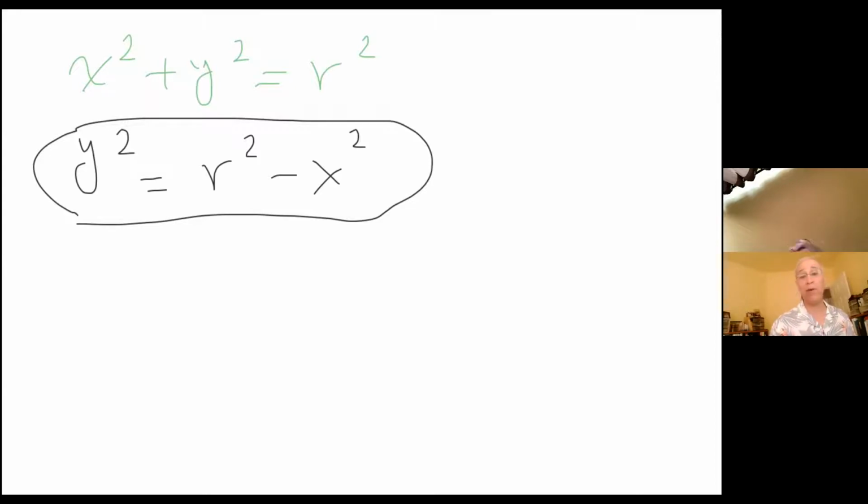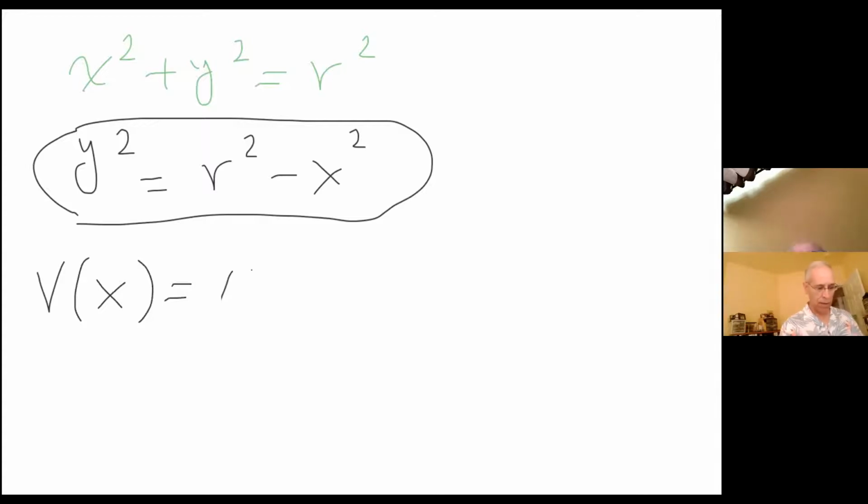What is it that we know about the volume of a right cylinder? We know that the volume as a function of x equals the area of the bottom of the cylinder, which is pi r squared, which is pi, in this case, y squared, times the height.